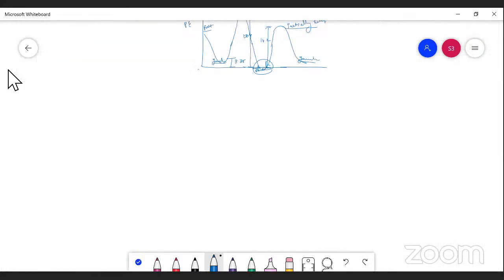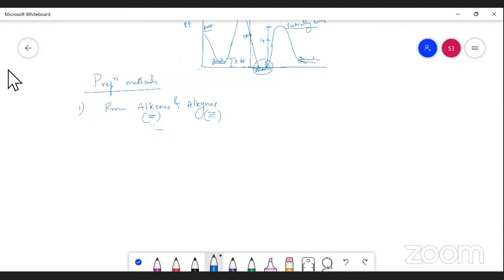We can prepare alkenes from different compounds. The first one is from alkenes and alkynes. What is there in alkenes? Double bond. In alkynes, triple bond.